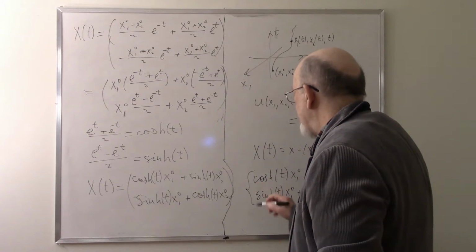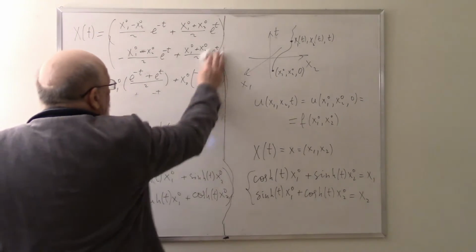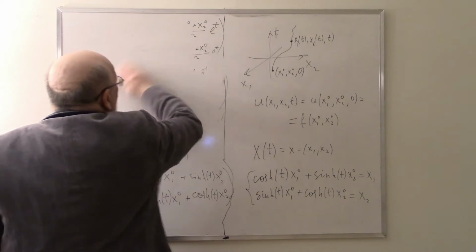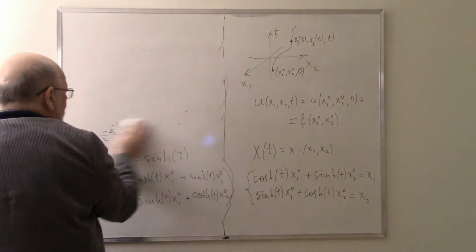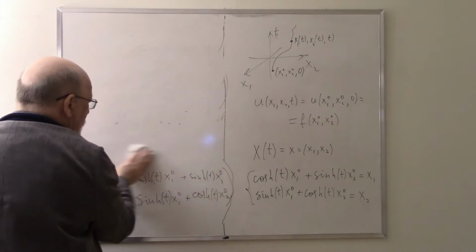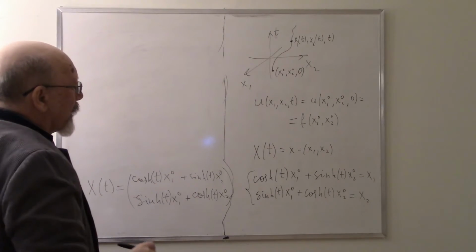So this is a system of two linear equations, and let us solve it by Cramer's rule. Let me leave this equation of the characteristics.